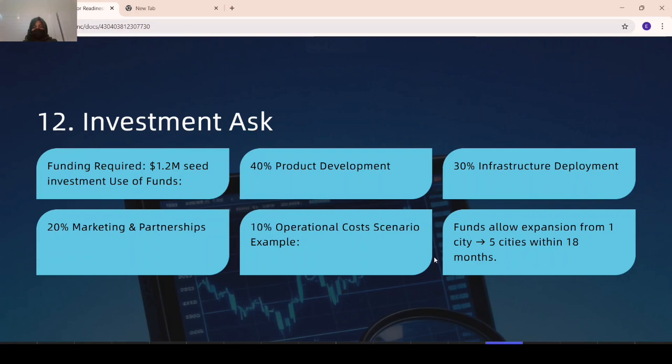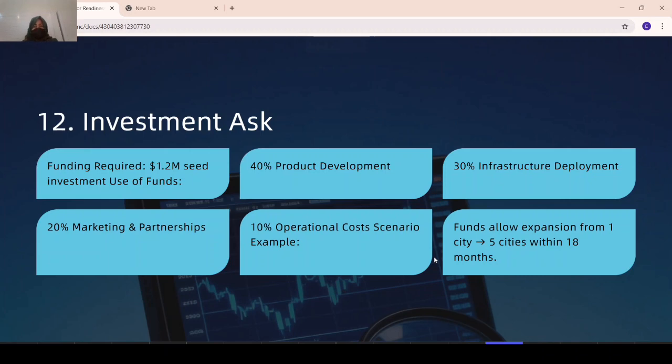First of all, the funding required: $1.2 million investment. Use of funds: 40% product development, 30% infrastructure deployment, 20% marketing and partnerships, 10% operational costs. The funds allow expansion from one city into 5 cities within 18 months.